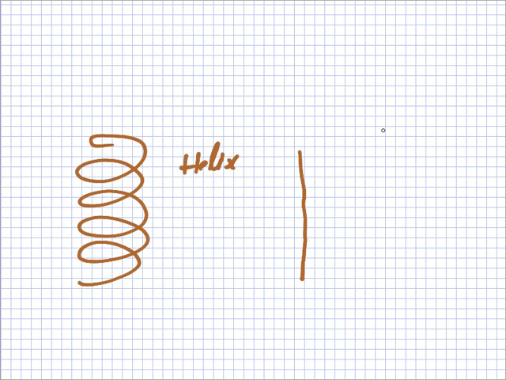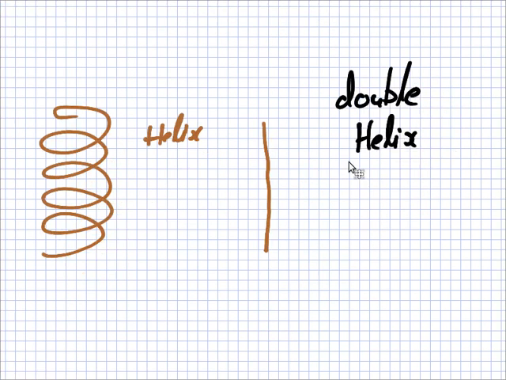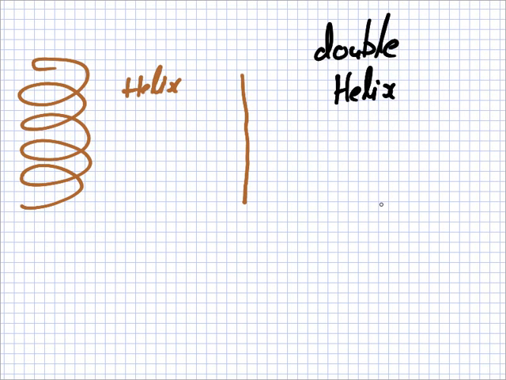The famous one you all should know is what's called the double helix. Former biology students, what's the double helix? Do you know? Maybe this? Yeah, it's the one. It's going to be hard to draw, but you have 2 of them.